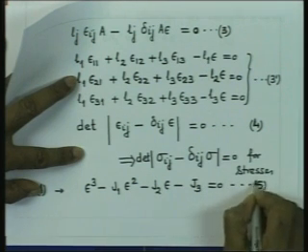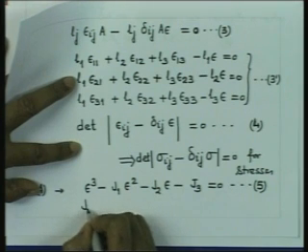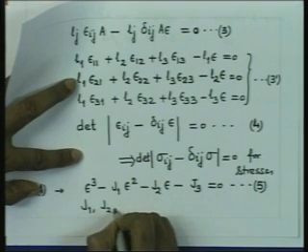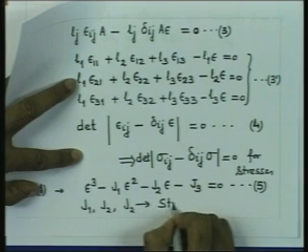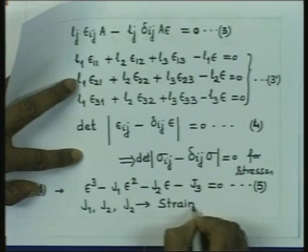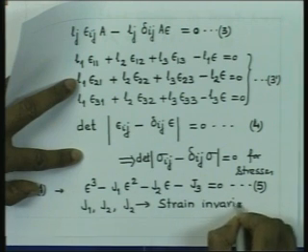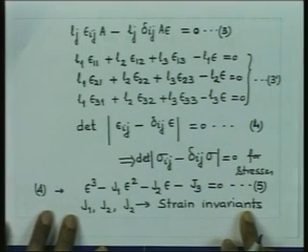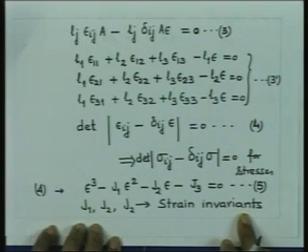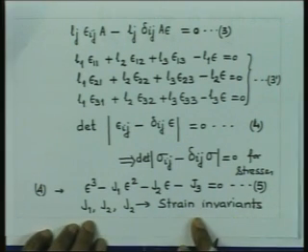This is a cubic equation involving the principal strain, and this j1, j2, j3 are called strain invariants. Similar to stress invariants, they are also strain invariants, and they will be obtainable from the strain components, and they will have closely parallel relationship.